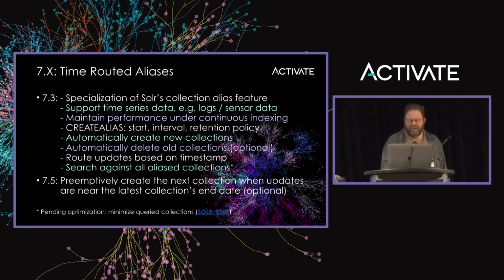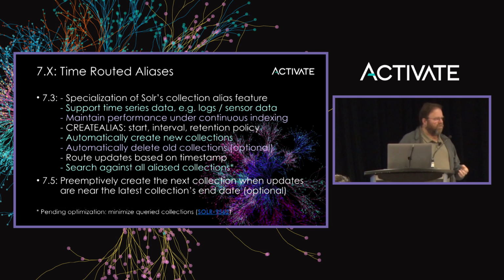When you send in updates, the alias and update request processor associated with this functionality will route updates based upon the timestamp to the appropriate collection. Search occurs against all aliased collections, and there's a pending optimization to minimize the queried collections.